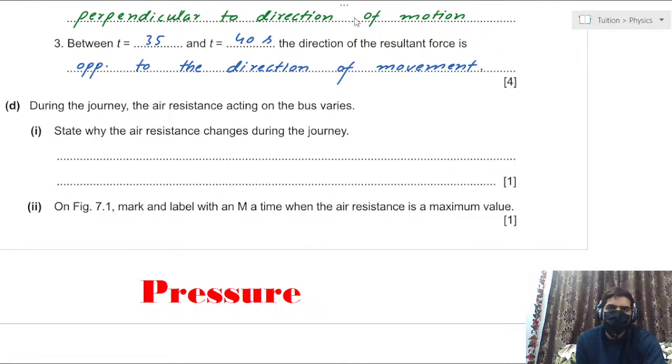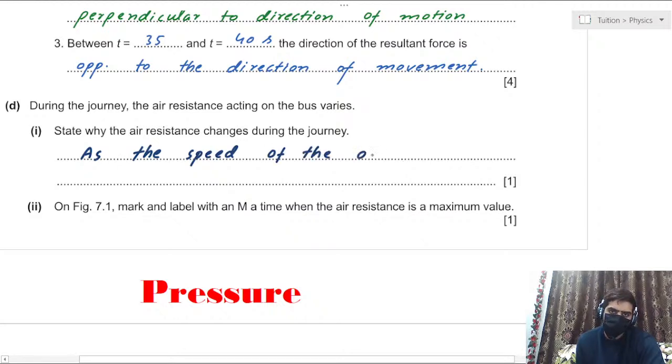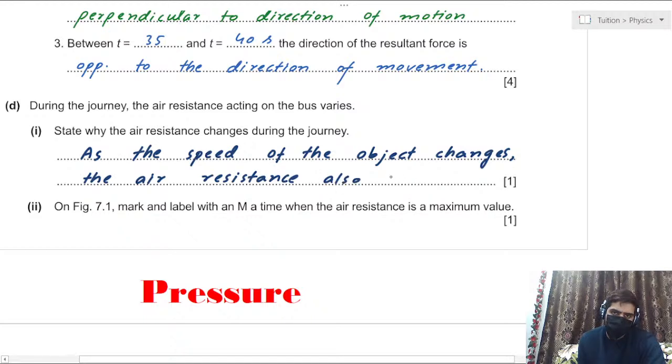So you can write that because the speed of the object varies, the air resistance also changes.